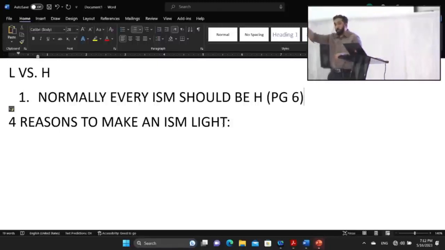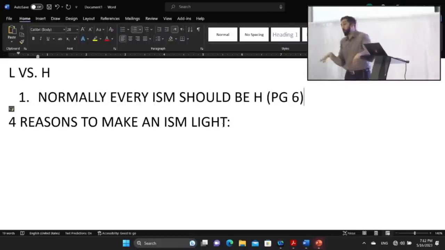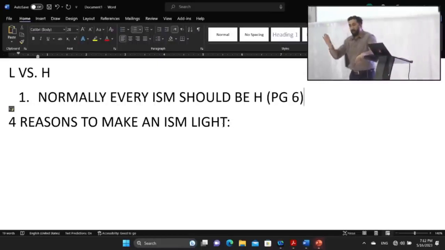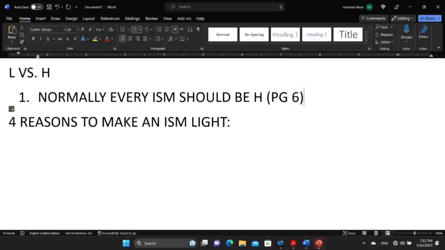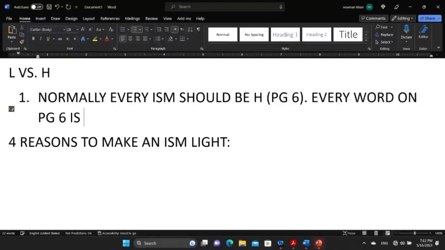Whether it's the first chart or the second chart or even the third chart we didn't cover, every word there on page 6 is heavy. Maybe you should even write that down. Every word on page 6 is what? Heavy.